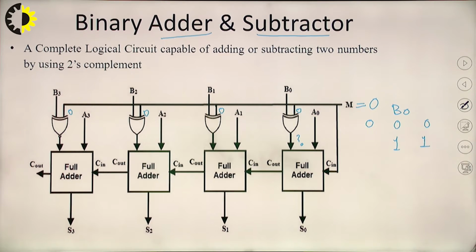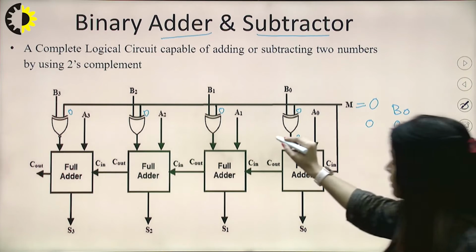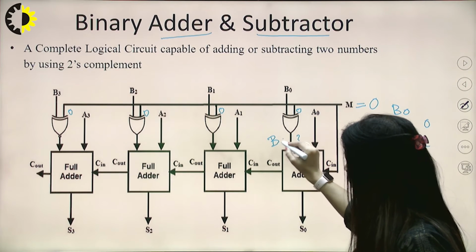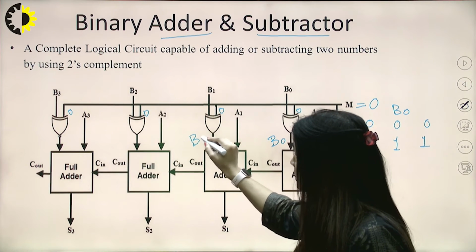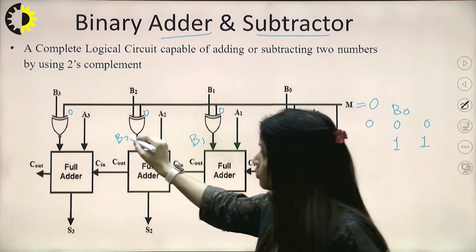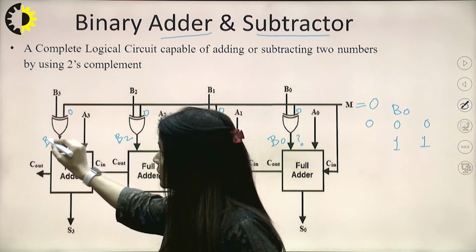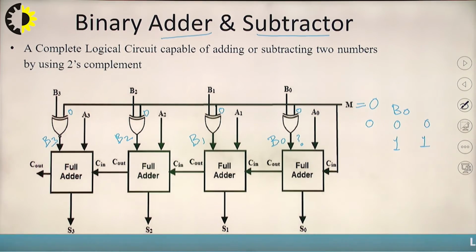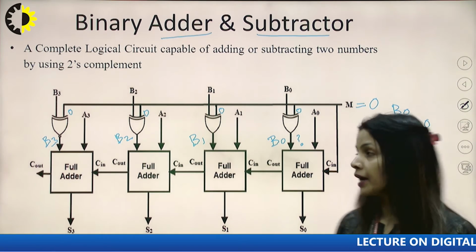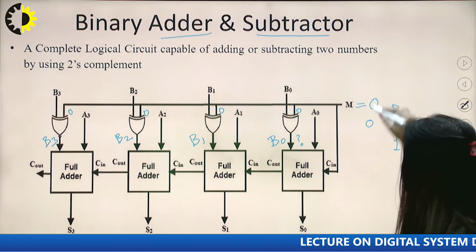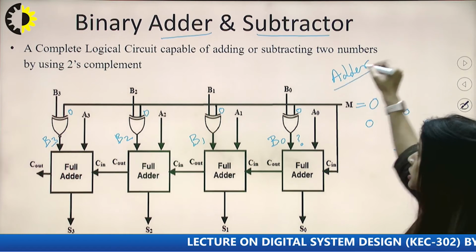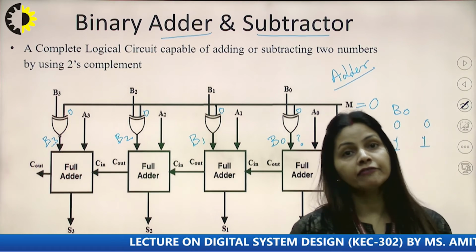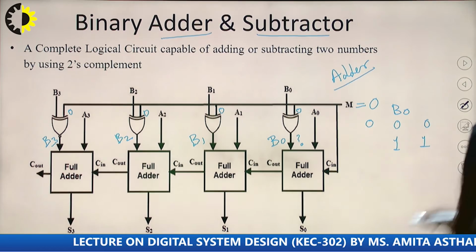So whenever M is 0, the output is B0 here, and here it is B1, here B2, and here B3. These are the outputs of the XOR gates, and the circuit will work as an adder circuit. For M equal to 0, the circuit works as an adder.